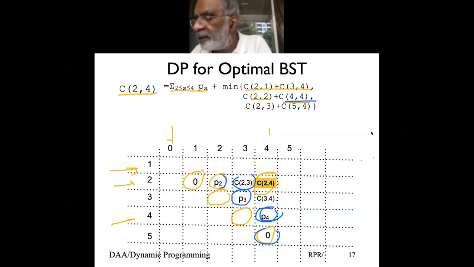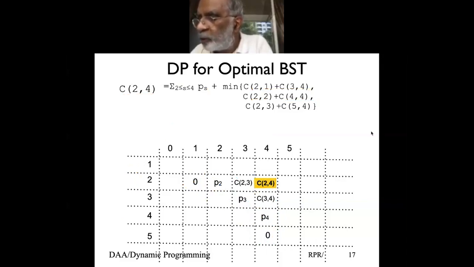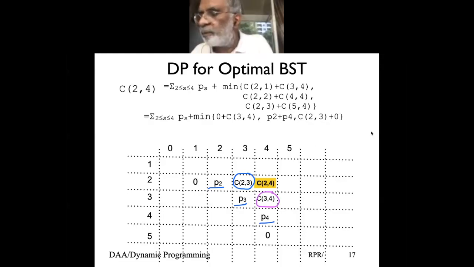And that means I am left with, among this equation, P2, P3, P4 known. I need to compute C23, and I need to compute C34. Let's compute C23 and C34.